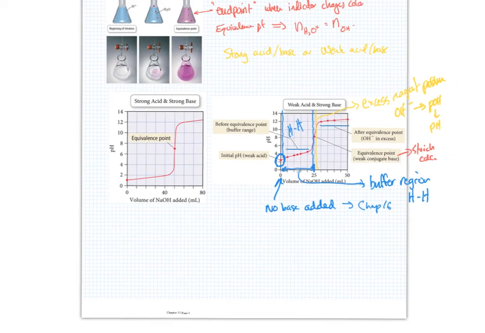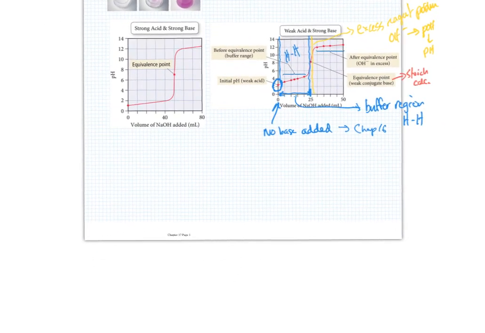Okay, and then let me just point out, just so you know where we're heading here. Similar curves would be pH versus volume of acid. This would be if we had a strong base being titrated by a strong acid, and the pH curve is going to look something like this.